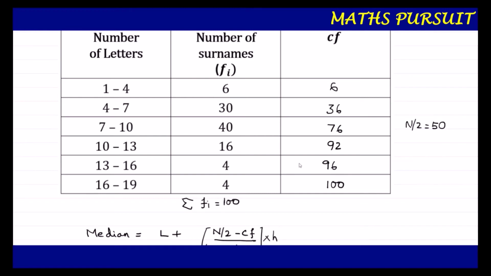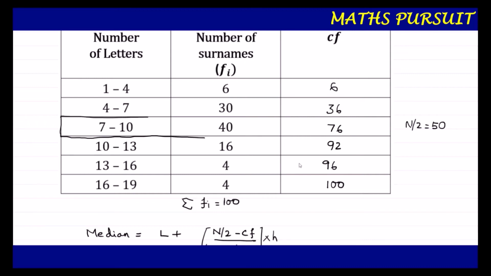The median class is that row of cumulative frequency which is just higher than n by 2. Here n by 2 is 50. The next higher figure to 50 is 76, so this particular row is going to be our median class.